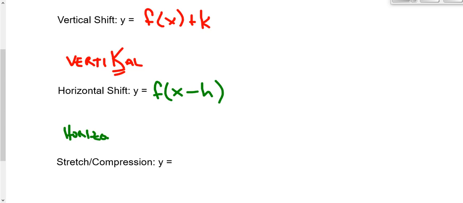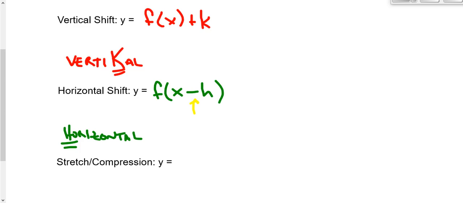Horizontal has that H in it, so it's going to be easy to remember that if you see a letter H, it means horizontal shift. Another way that I remember horizontal shift is the minus sign that we put in the general form. That minus sign right there is a horizontal line. So when I see the minus sign, I know this is a horizontal shift and the original way that the horizontal shift was intended to happen.